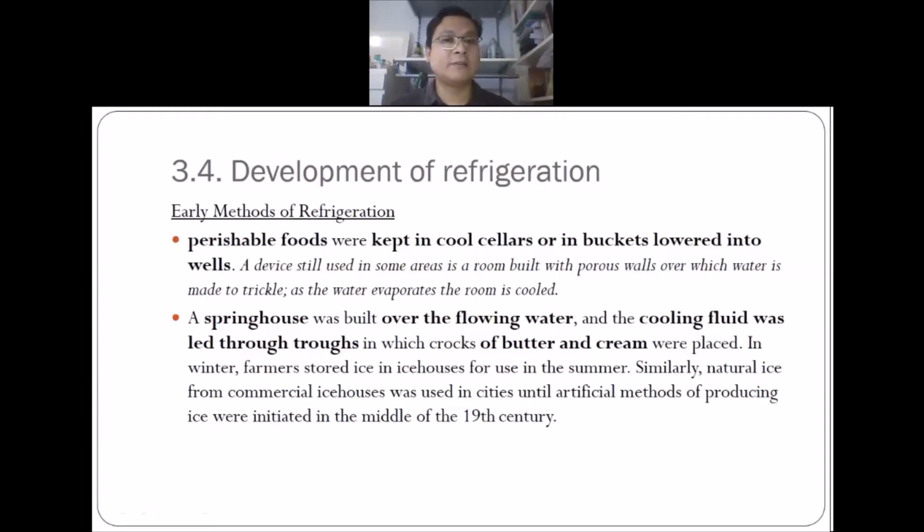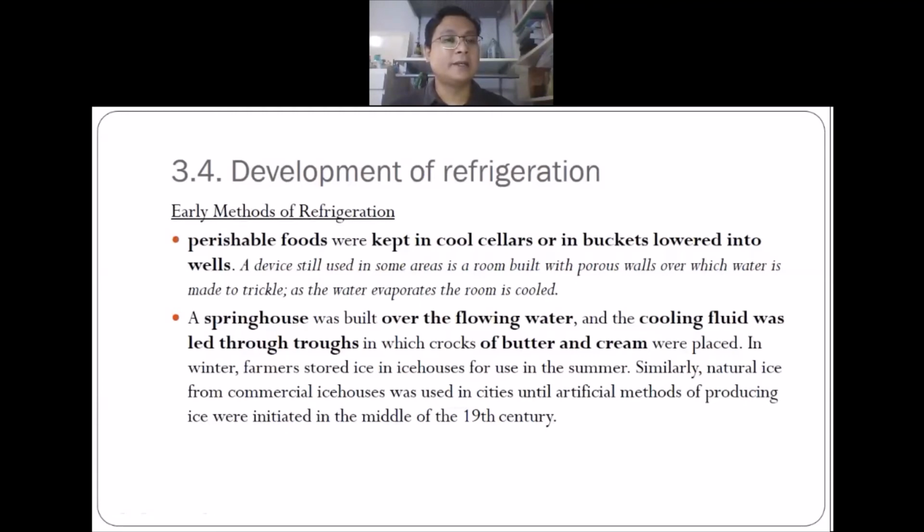As the water evaporates, the room is cool. So this first technique uses an evaporative system, with porous walls to let the water penetrate and evaporate inside. This is the first method to preserve perishable foods.